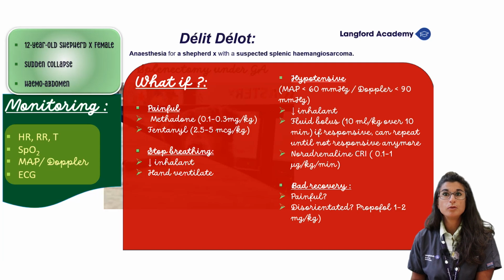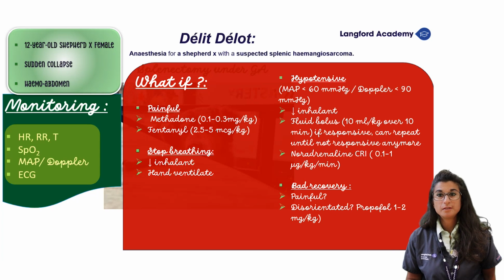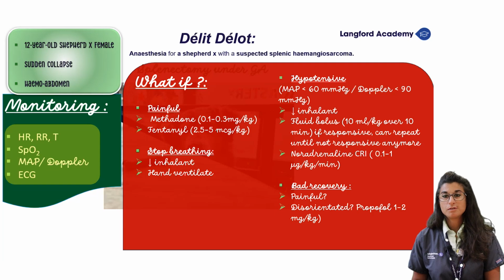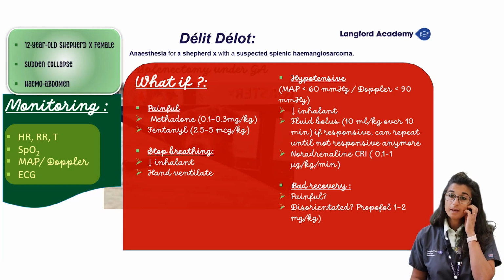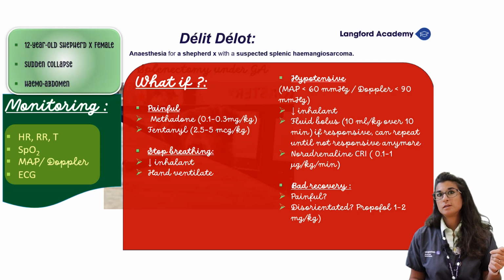So you can start 0.1 microgram per kilo per minute up to 1 microgram per kilo per minute. Do not bolus noradrenaline because that can lead to the development of ventricular premature complexes or ventricular tachycardia. And when you do your dilution, make sure that it allows a fair volume per minute at the lowest concentration or dose that you want to give.